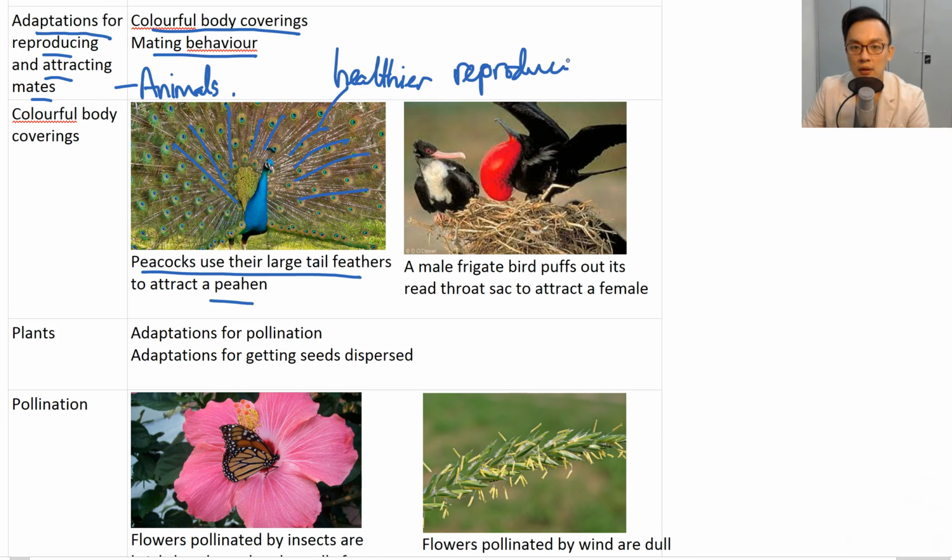Likewise, a male frigate bird puffs out its red throat sac to attract a female. This is the red throat sac, and this should be the female, and it's using it to attract the female. These are some colorful body coverings that help animals to find mates and reproduce.